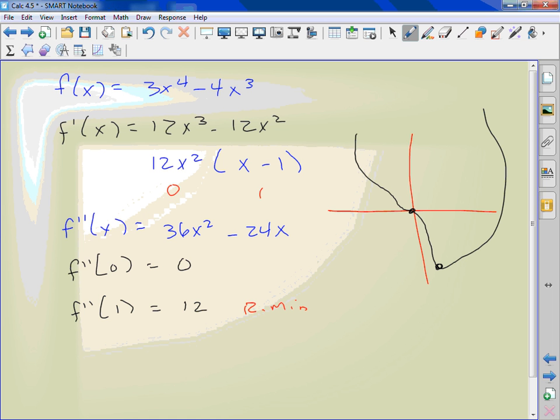It's not a minimum, it's just like a little slowdown period. Do you understand? It's not a max or a min. It sort of levels out. It changes its slope at that point. That's the only part where the second derivative test doesn't work, is when it's equal to 0. Questions? There's nothing for this one.